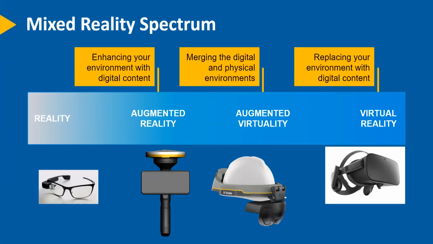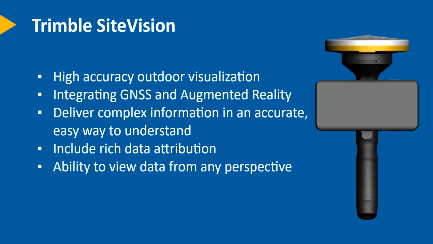I'm also going to do my best here to not make this a sales presentation, but I have a lot of contextual examples here that you'll see screenshots from our software, and I wanted to give you just a quick overview of what it is that Trimble uses as our platform for delivering augmented reality experiences to our customers. It's a product called Trimble Sight Vision.